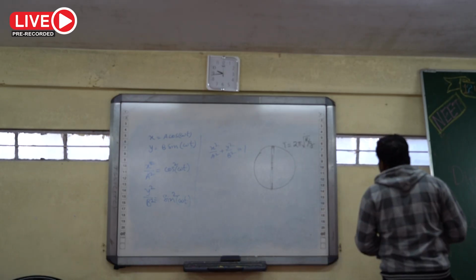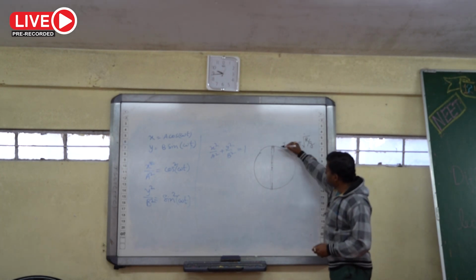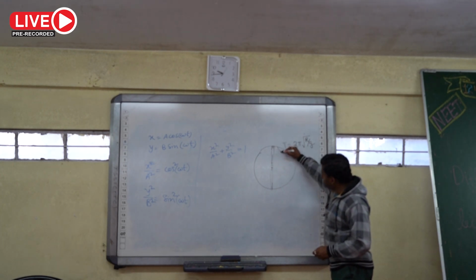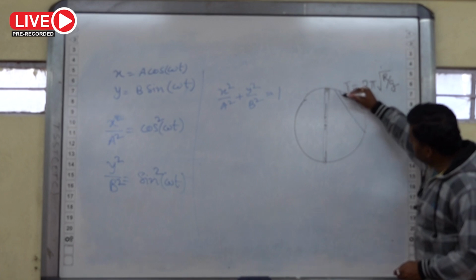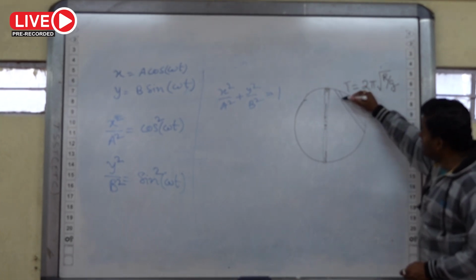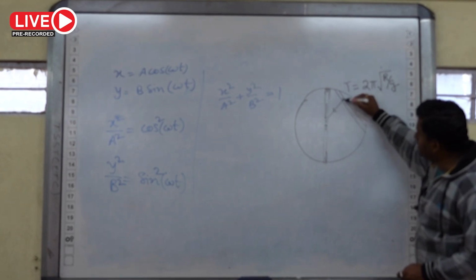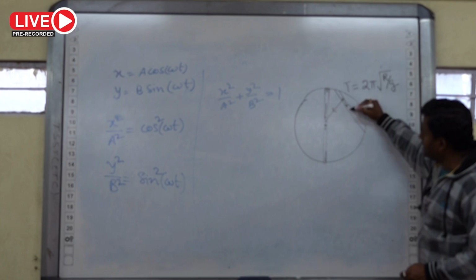You can also consider that the tunnel is not passing through the center. You may consider that the tunnel is passing like this. Still, it will perform SHM, because if the particle is here, the force on the particle is along this direction, and it has a component towards the center.